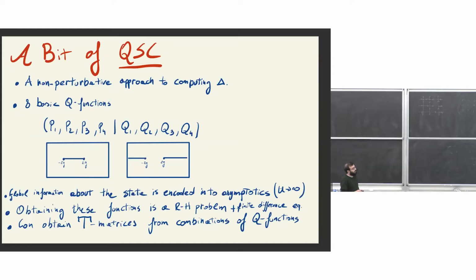This works both at the perturbative level, so if I want, I can just expand in a series with respect to my coupling, or I can actually solve them numerically and find the value of my anomalous dimension at whatever value of the coupling.